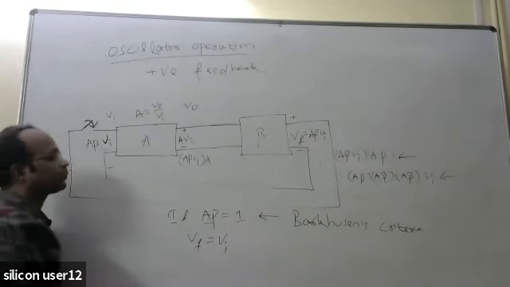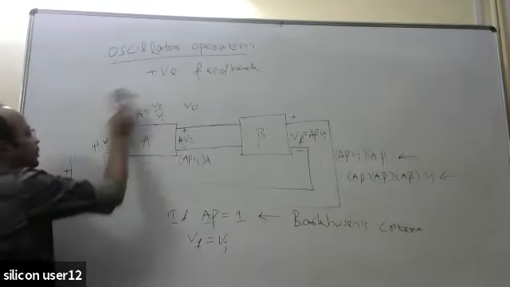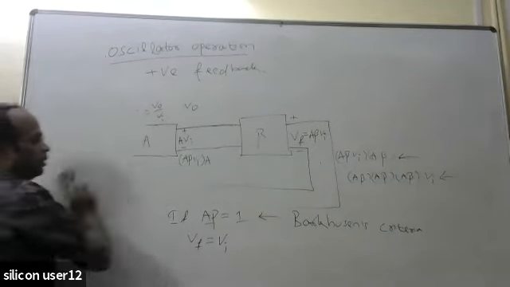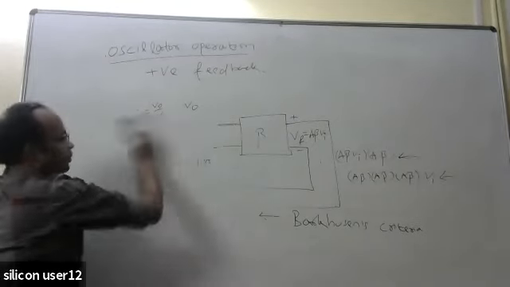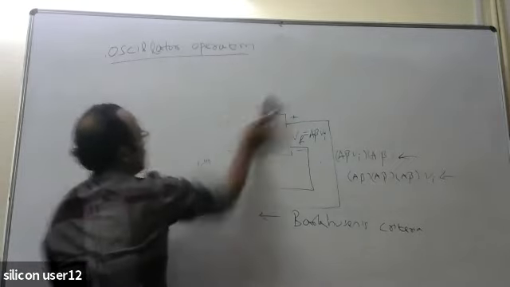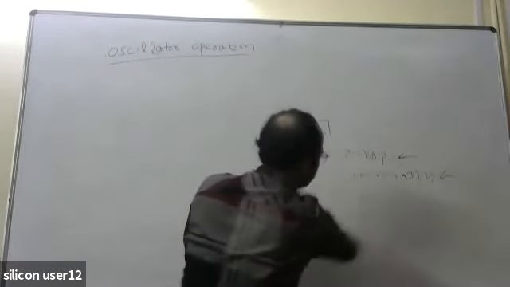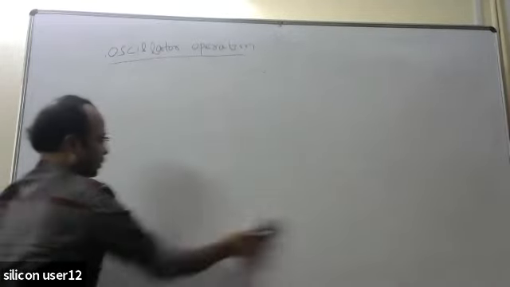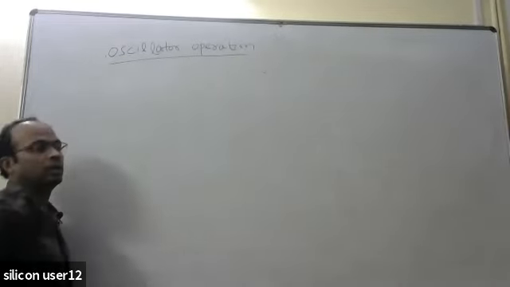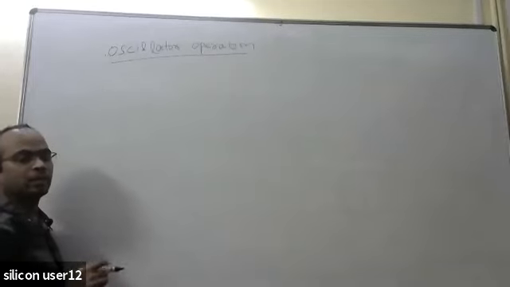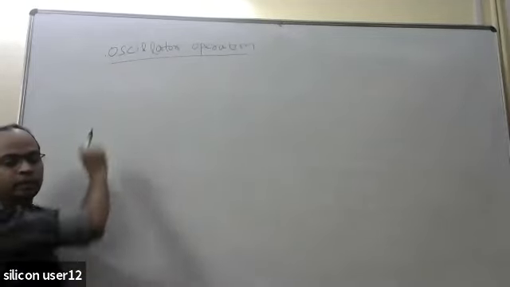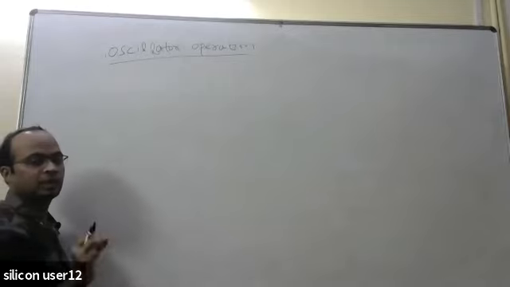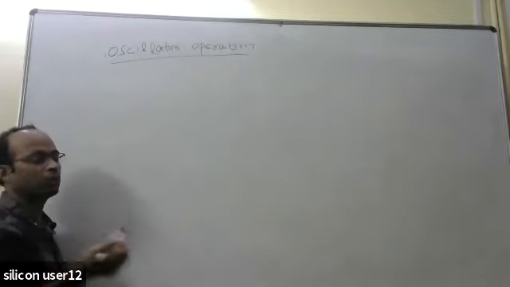Now we'll see one thing. Practically what we do, a small noise signal is applied. I mean, automatically it is created when we close that switch, and this A beta factor is kept a little bit more than 1.